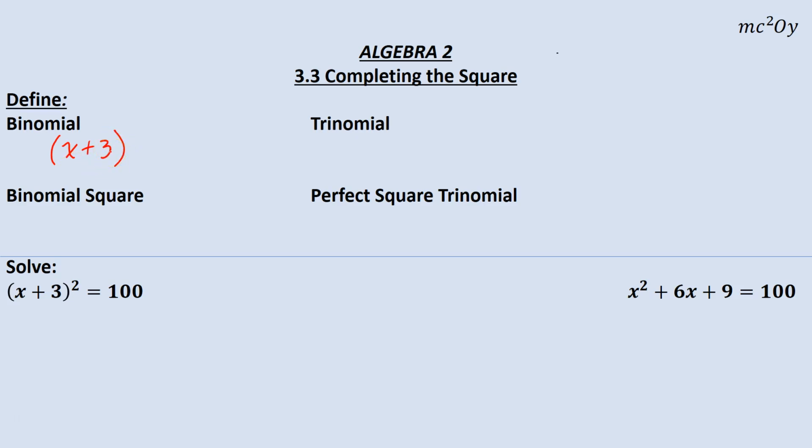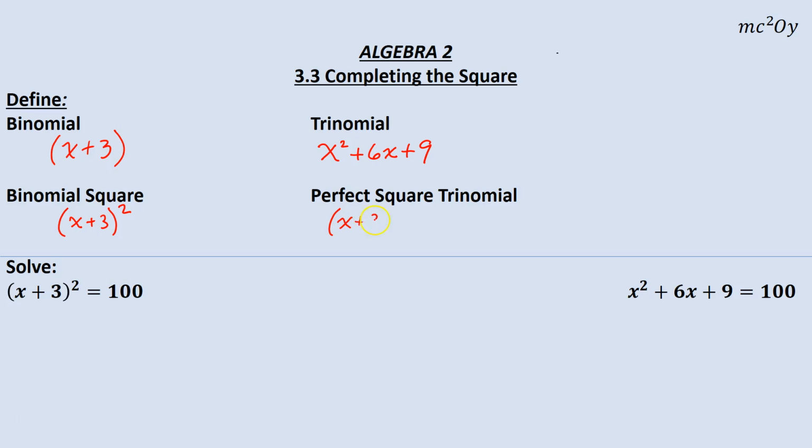A binomial square would mean I'd take that binomial, x plus 3, and I would square it. That would be a binomial square. And then a trinomial could be something that has three terms, for instance, x squared plus 6x plus 9. That's a trinomial. In fact, that's a perfect square trinomial because if I factor it, two things that multiply to make 9 and add to 6 are 3 and 3.